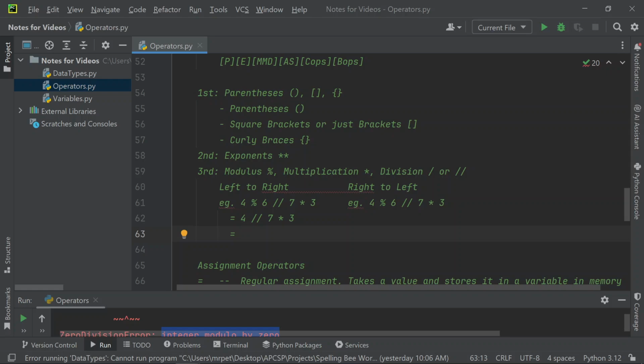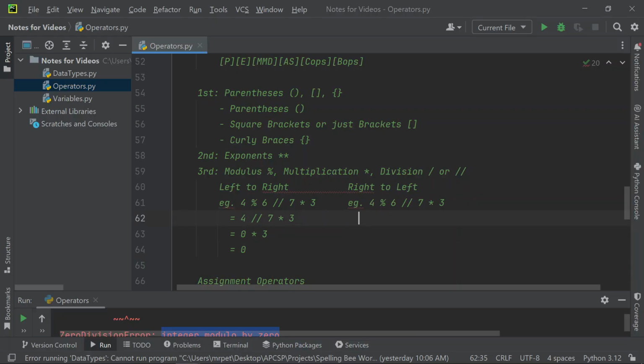Well, normally that'd be 0 point something, but we drop the decimals, so we get 0. I didn't actually check this example, so hopefully this works for what I'm trying to show. 7 times 3, if we're going from left to right, is 21. 6 divided by 21 is, well, 0 point something. So we get 4 modulus 0. Uh-oh. That's an error. We can't divide by 0 when we do modulus.